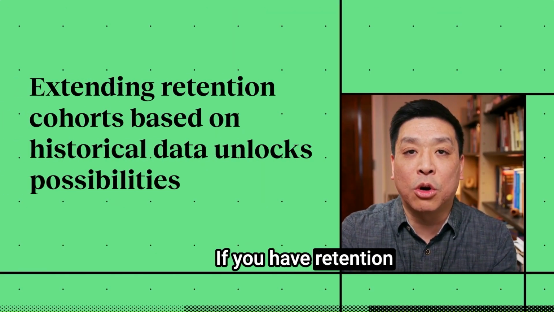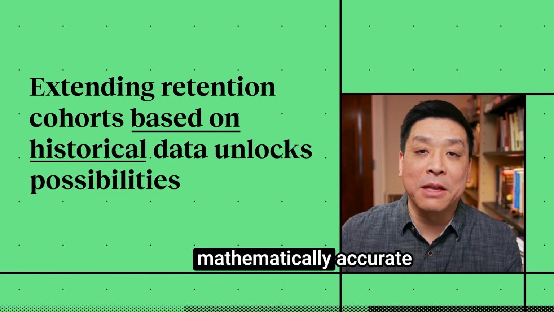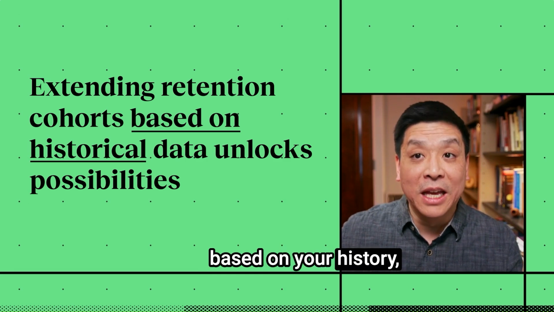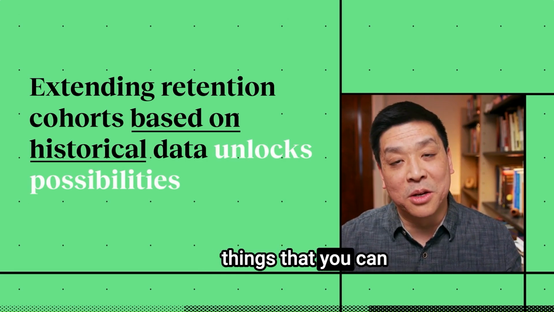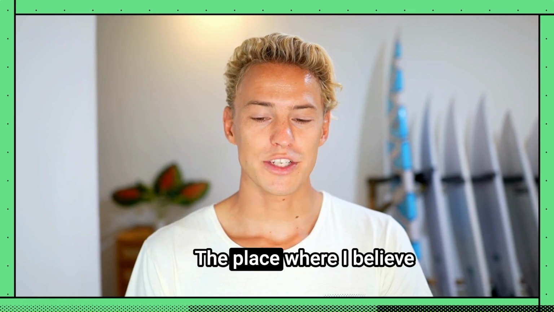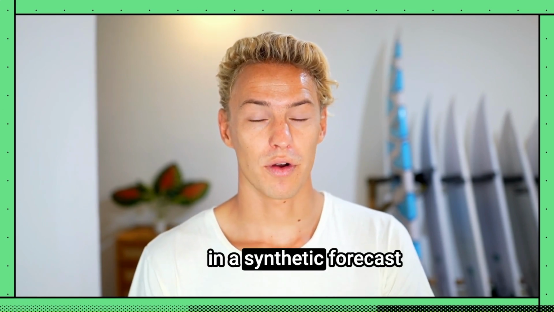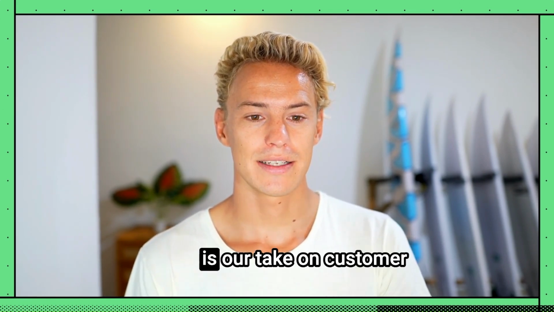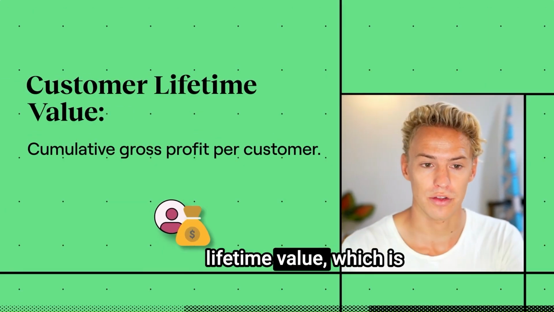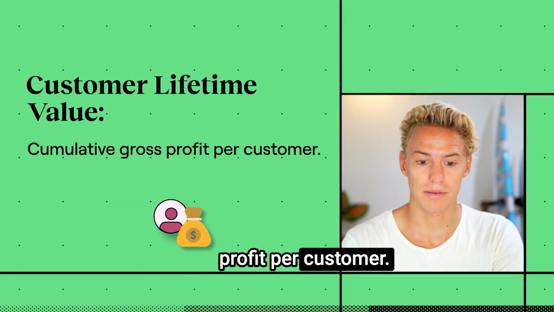If you have retention cohorts that can be extended out mathematically accurate based on your history, it opens up a box of other things that you can do inside Deep Dive. The place where I believe synthetic forecasts are the most powerful is our take on customer lifetime value, which is the cumulative gross profit per customer.